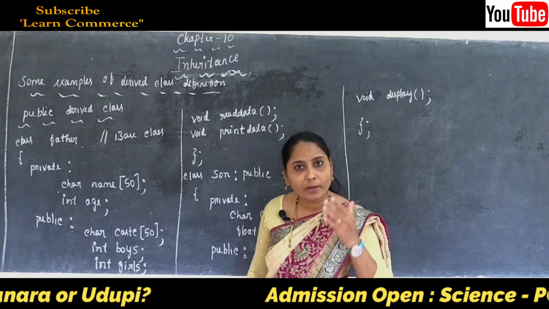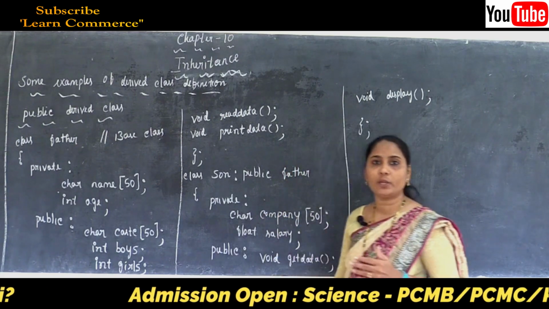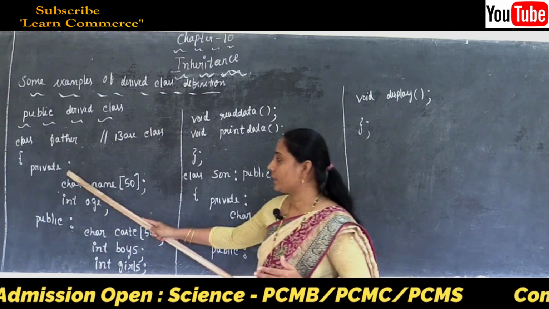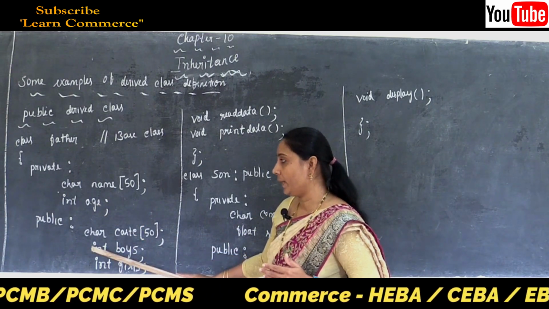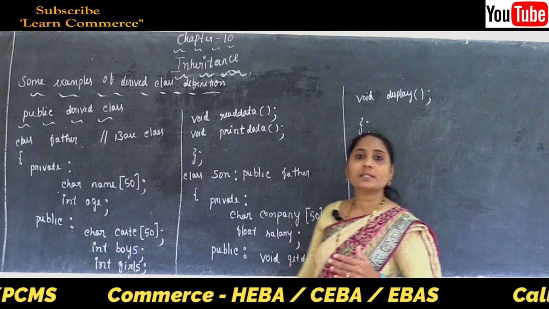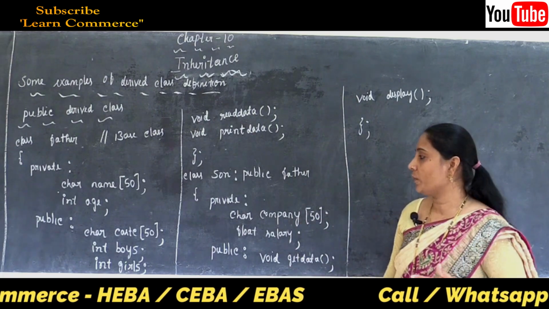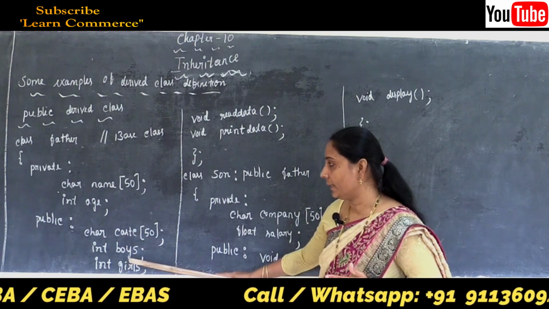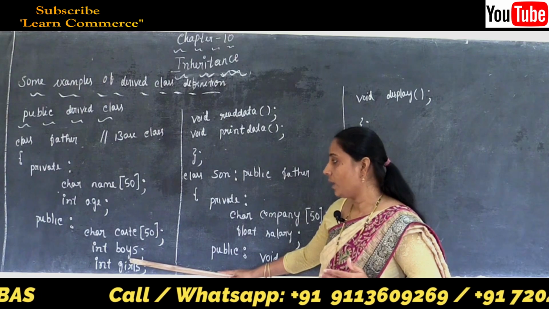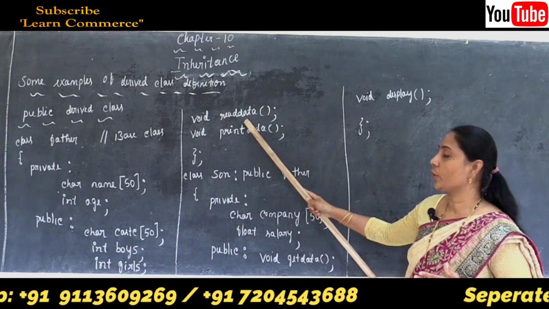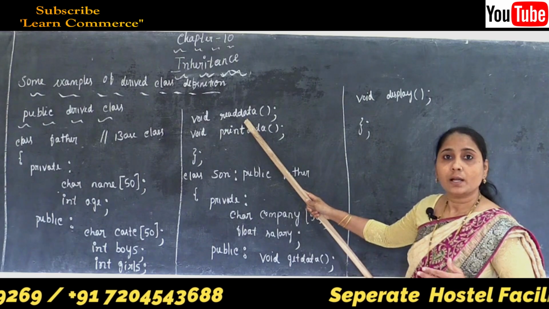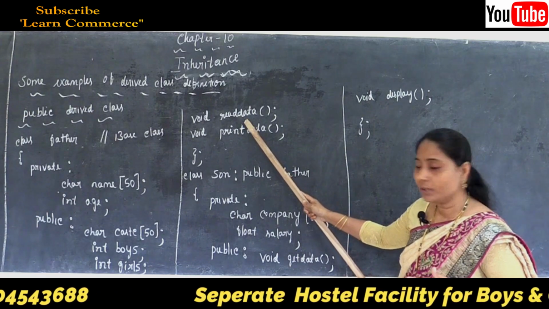So we give a whole number without any fractional part. So the member data are name and age, and then public. Why? Because some features, also member data, we are going to write in public, and also some member functions in our base class named father.